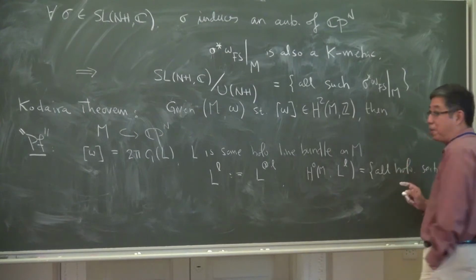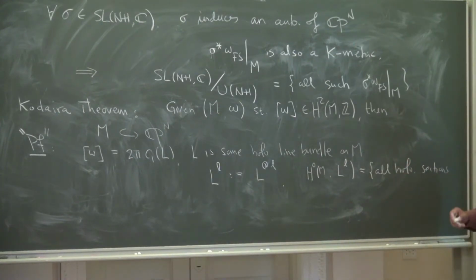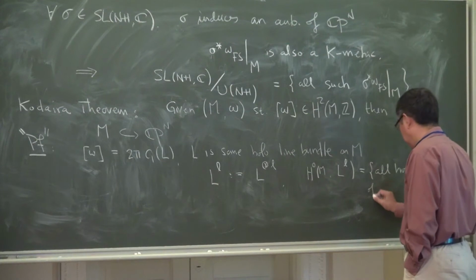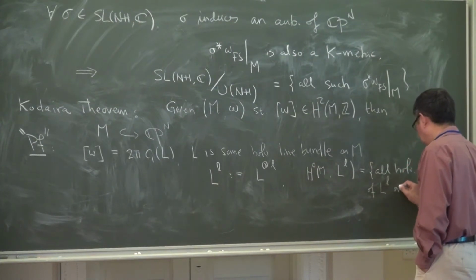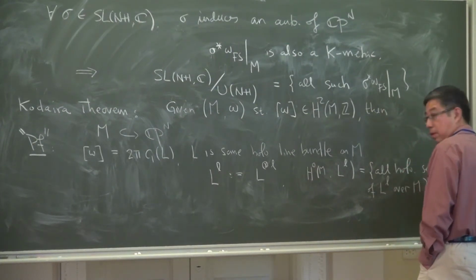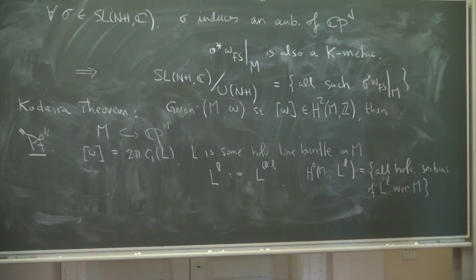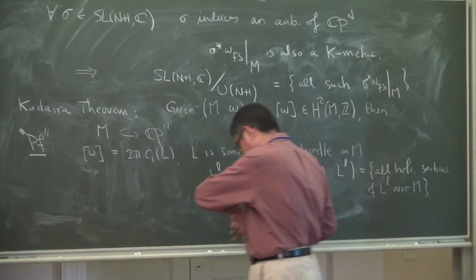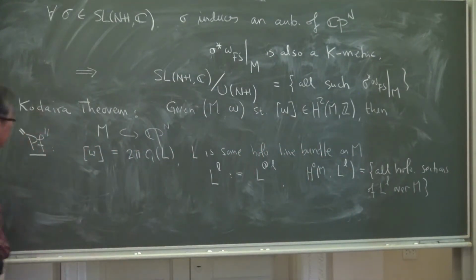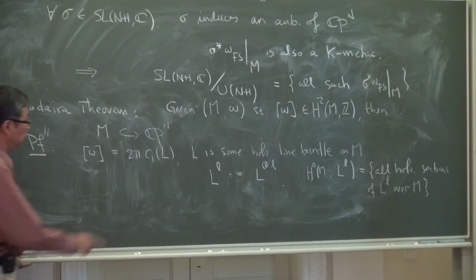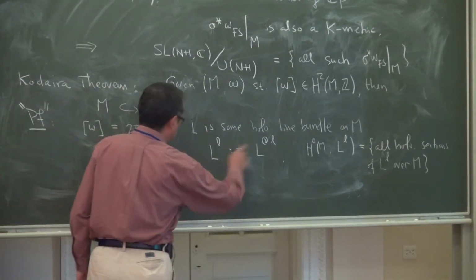I guess I'm using a little bit of cohomology, all the holomorphic sections of L^k over M. Okay. Then look at the holomorphic sections, and you can use this to embed.